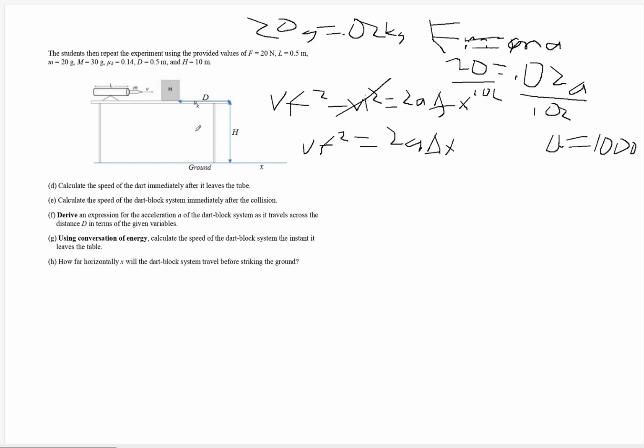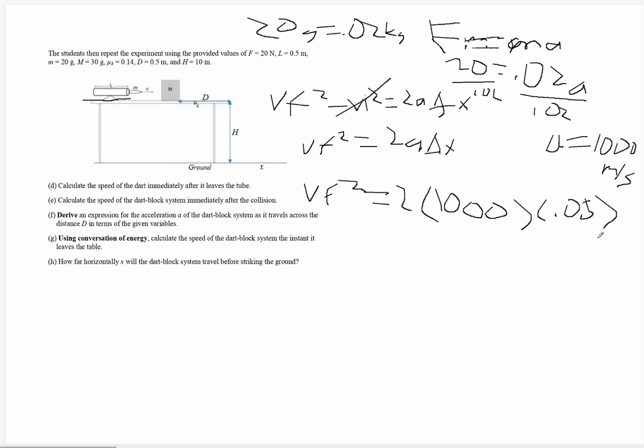So, and then for delta x, it asks to calculate the speed immediately after it leaves the tube. So the only distance it travels is just the length of the tube. And the length of the tube we're given is 0.05 meters. Therefore, once we plug everything in, Vf squared is equal to 2 times the acceleration of 1,000 meters per second squared times delta x, 0.05.